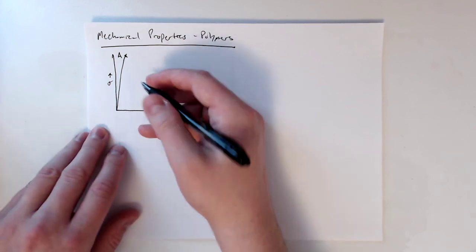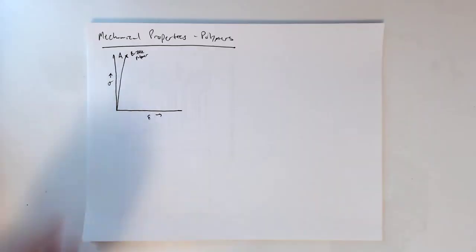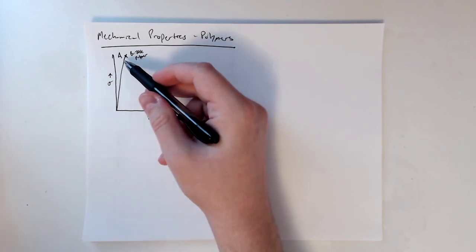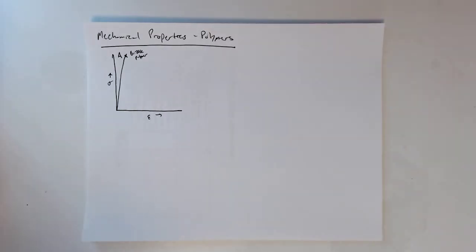This is an example of a brittle polymer. Basically it has an elastic behavior, linear elastic for the most part, and then it breaks. So there's no noticeable plastic deformation.